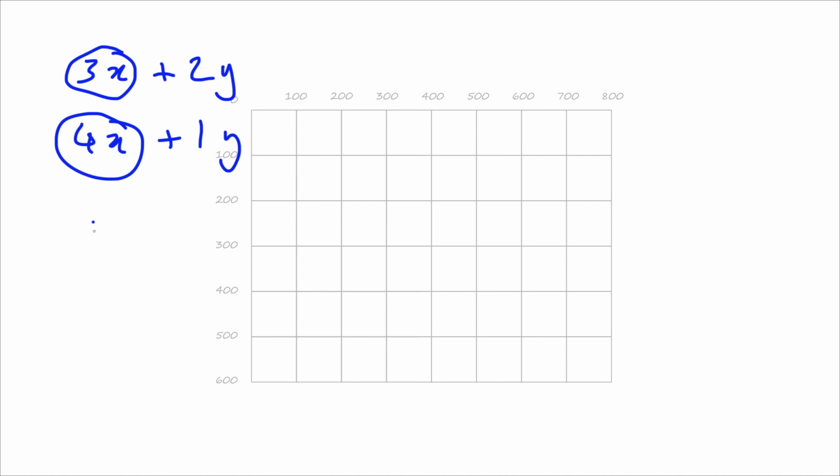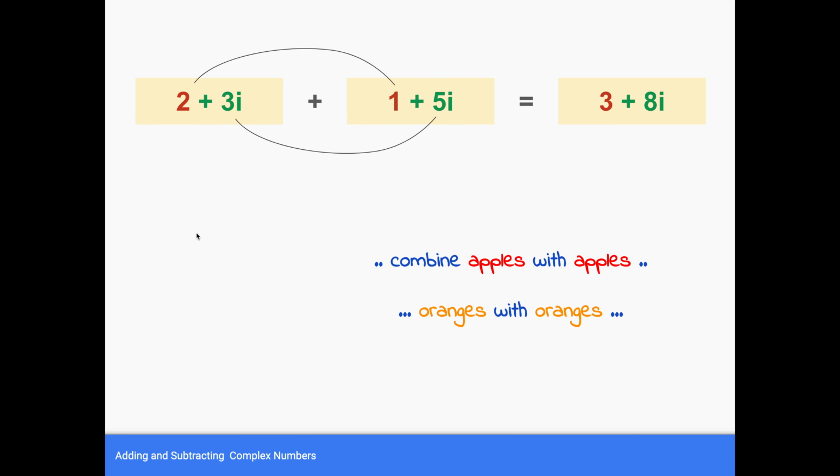So those are 3 x's, whatever x is, like 3 bananas, 3 cars, 3 pencils, 3 x's. And there's 4 x's here, so that makes 7x. And then we've got 2 y's, and again, y's could be grapes, olives, scissors, paper. But whatever they are, we can bring them together because that y is the same as that y. So we have 3 y's. So we're bringing together apples with apples and oranges with oranges. We're bringing together like terms, and the same thing applies to complex numbers.